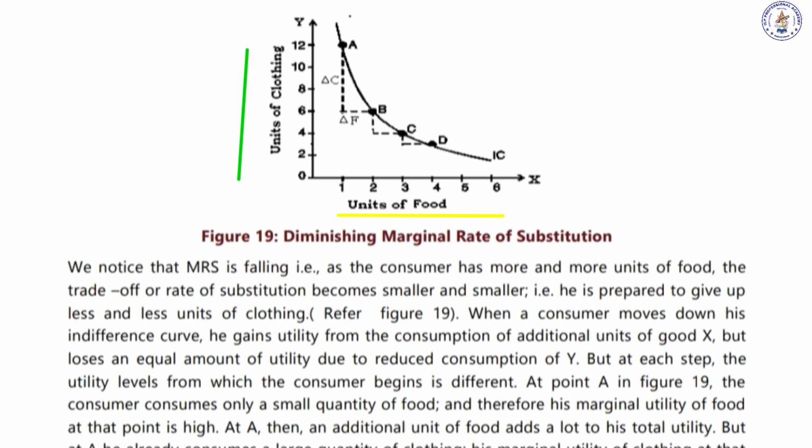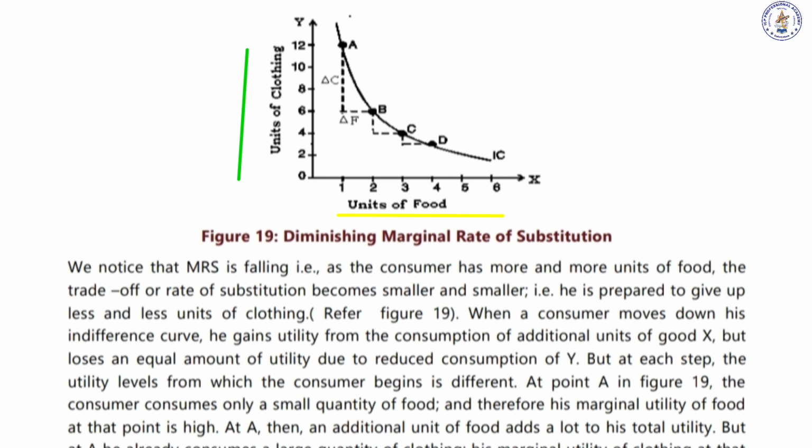In the next table you can see he is ready to have 1 more unit of food, but he is ready to forgo only 4 units of clothing now. So the difference is 2. The marginal rate goes on diminishing. That is what has been explained in this curve.